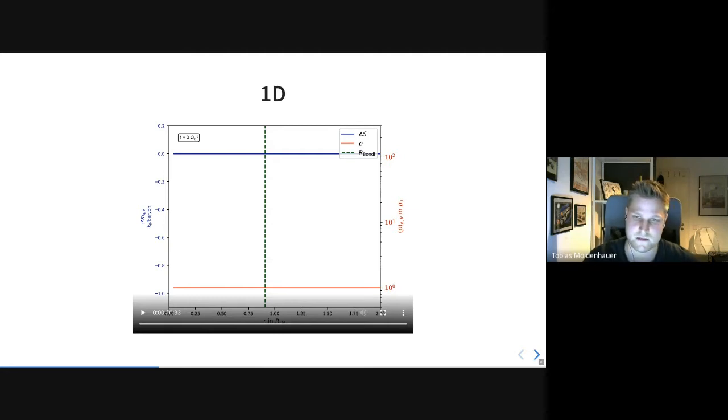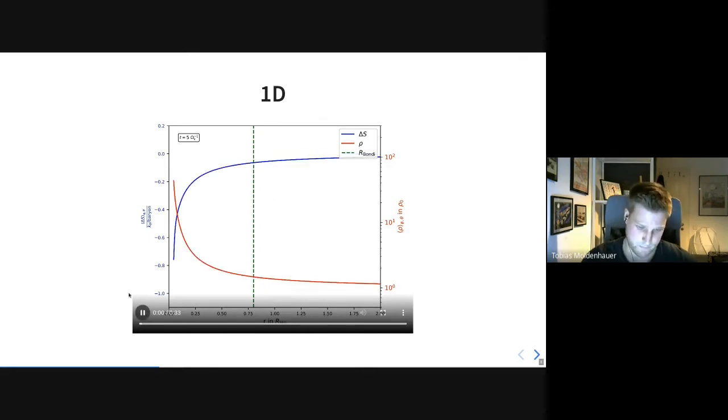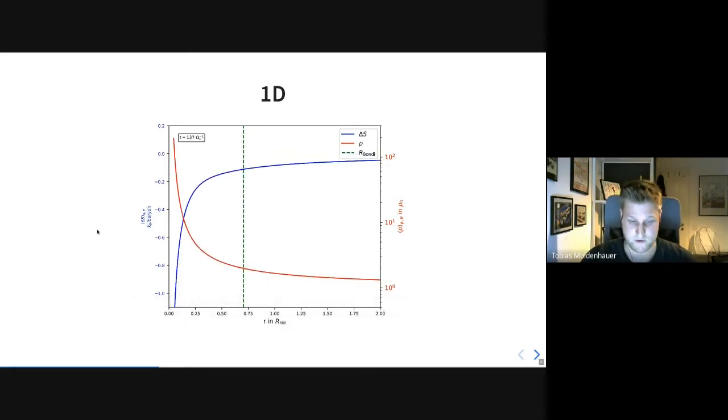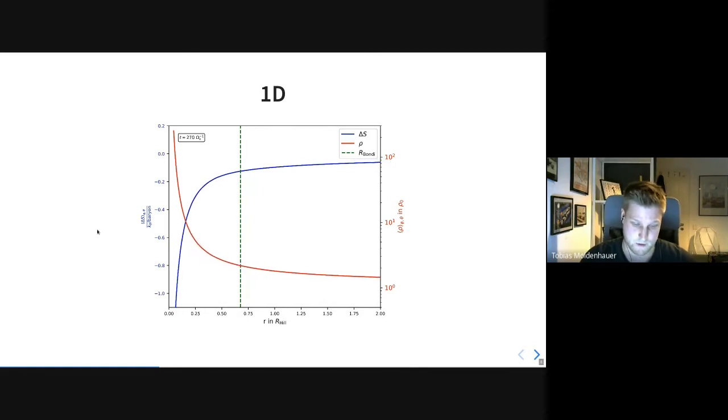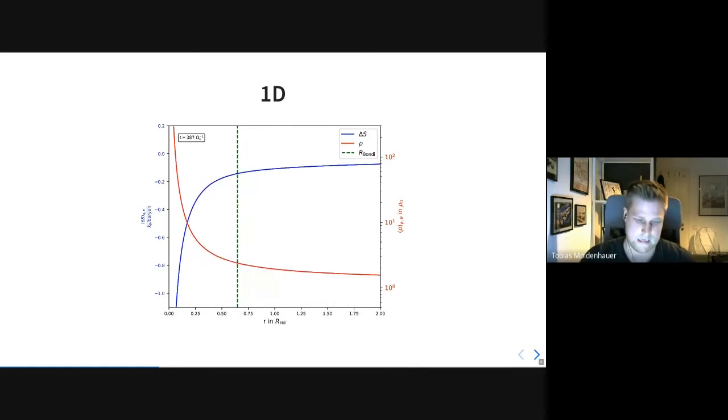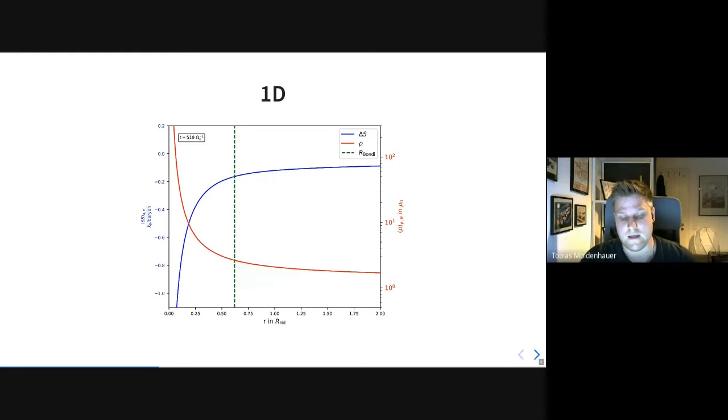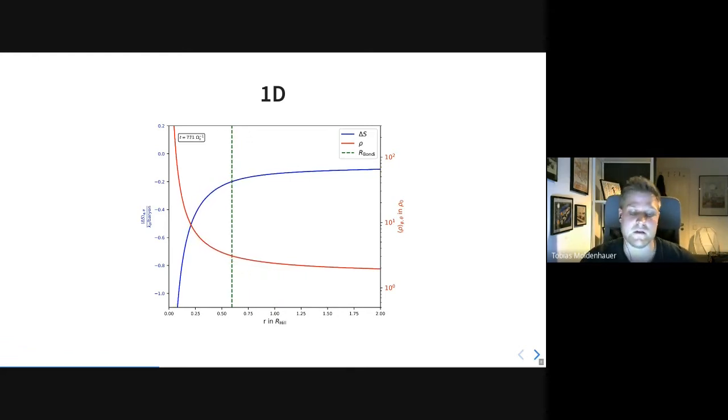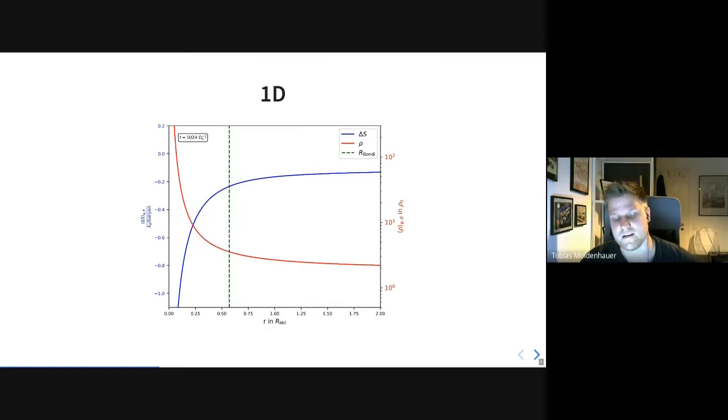So the initial density distribution. And now if we let the simulation in only one dimension evolve, we see that the atmosphere cools in the inner parts and continues to cool, and therefore the density increases. So you slowly have an increase in the density of the atmosphere, and the atmosphere continues to cool.